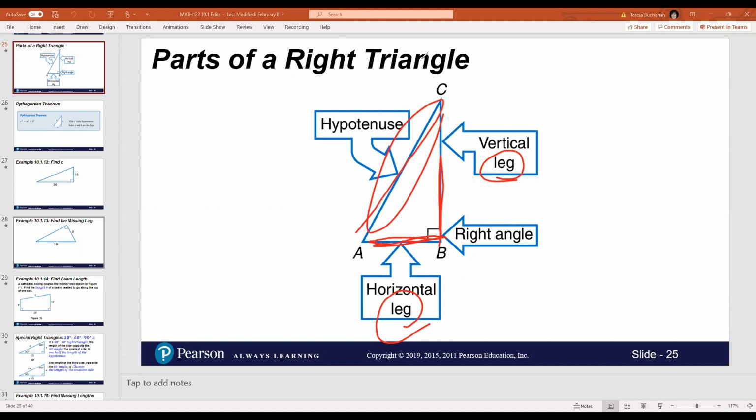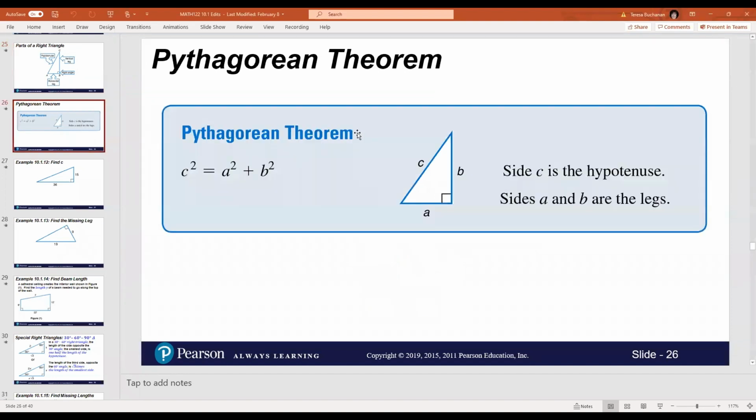It's always the hypotenuse, the side that's opposite the right angle. I know that you'll remember some work with the Pythagorean theorem, which is for finding the lengths of sides. If we have any two of the sides, we can find the third one. C squared is equal to A squared plus B squared.